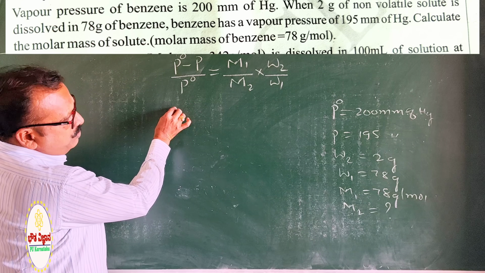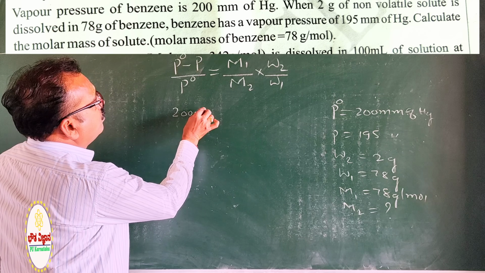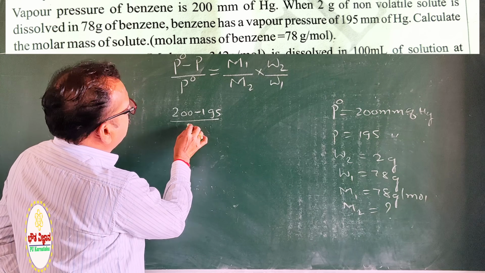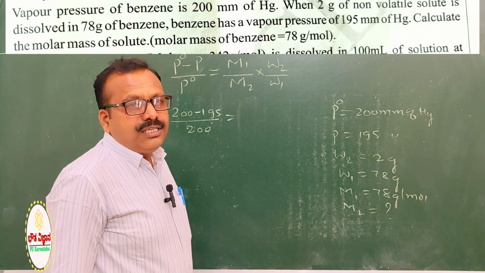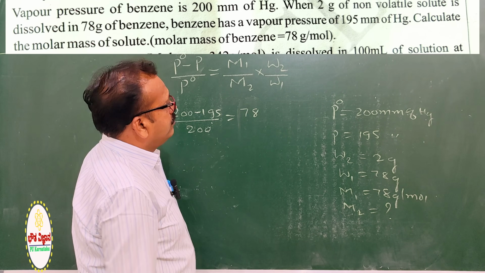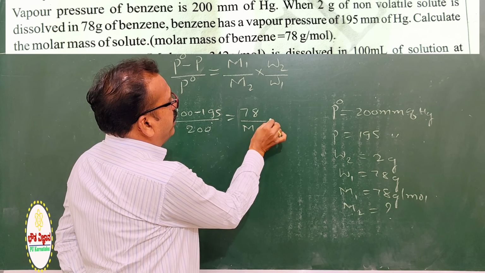M2 they have asked, you have to substitute the values. Very simple. P0 equal to 200, P equal to 195, divided by P0, that is 200. Here M1 value you have to substitute. They have given 78 gram, divided by M2 we have to determine.